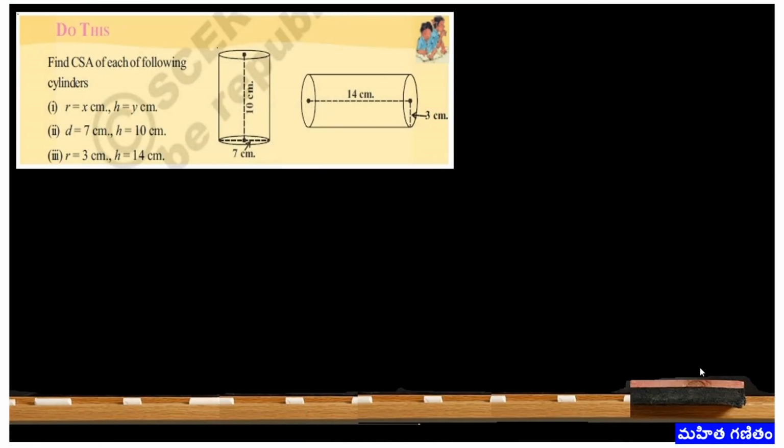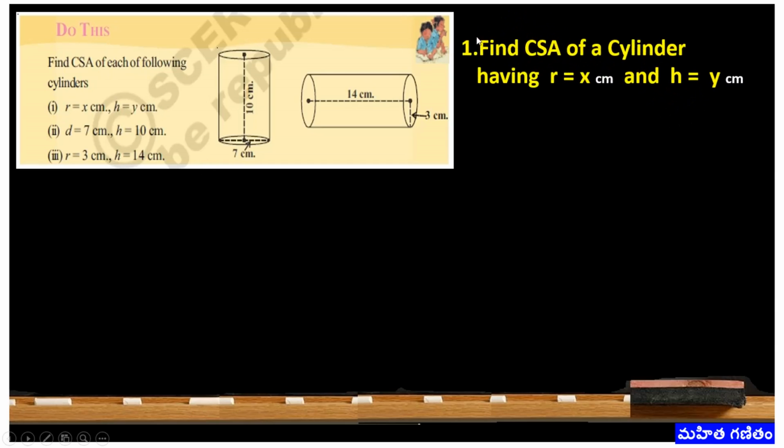Now, we will solve some small problems in the Do This exercise in our textbook. In Do This, there are 3 small problems. Take the first one. Find the curved surface area of a cylinder having radius x centimeters and height y centimeters.